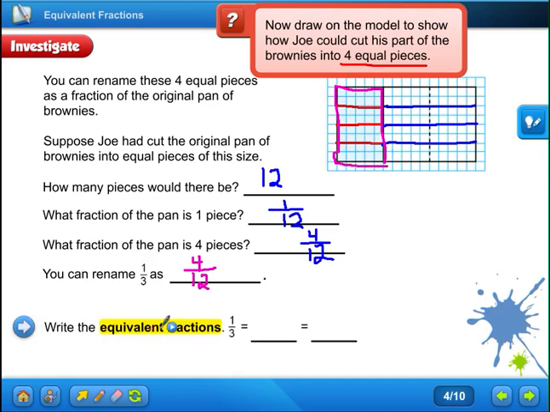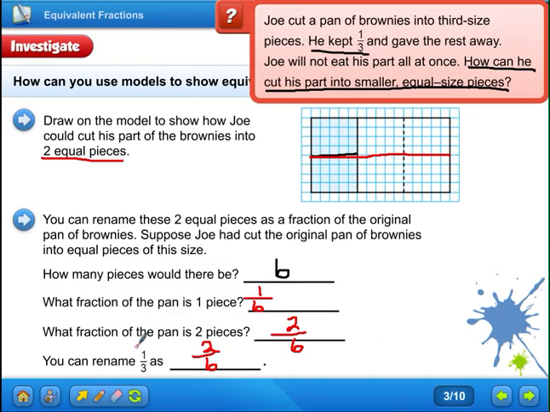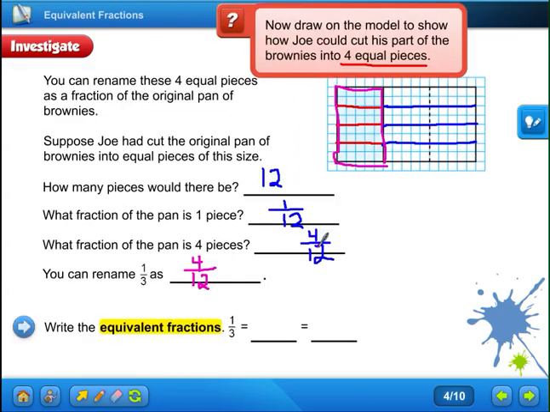Write the equivalent fractions. So we know, if we go back to this page, 1/3 is equal to 2/6, right here. That was that 1/3 or 2/6, and it's also equivalent to 4/12. 4 is still that thing, 4 out of 12 pieces.